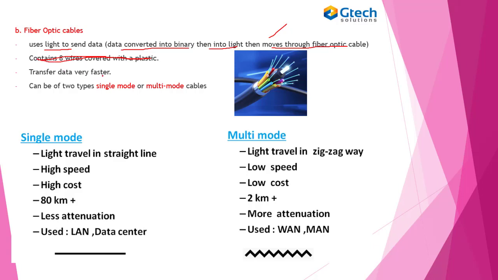Data transfer is very fast. The transfer of data through fiber optic cables is very fast, faster than CAT cables or coaxial cables.